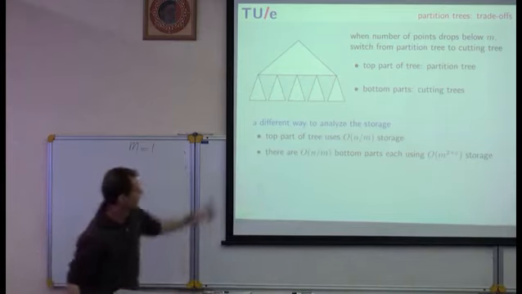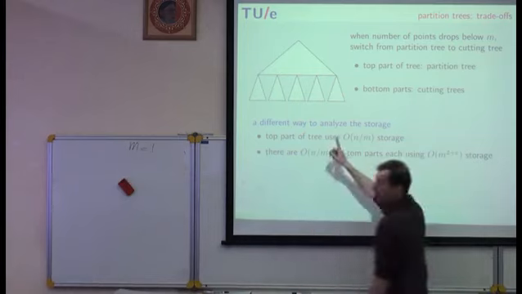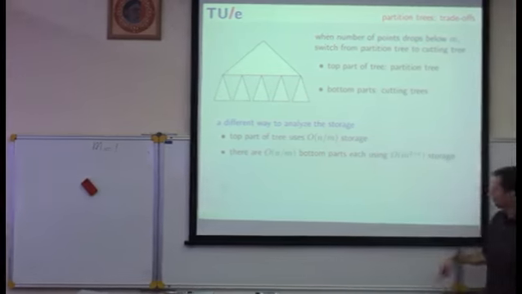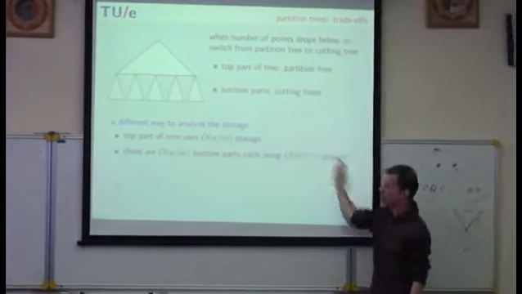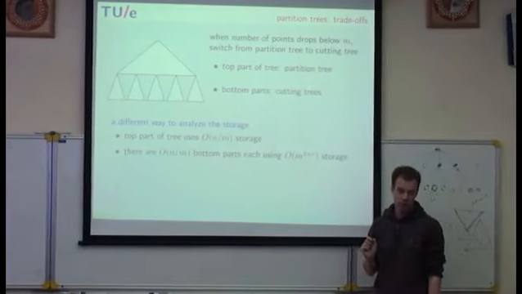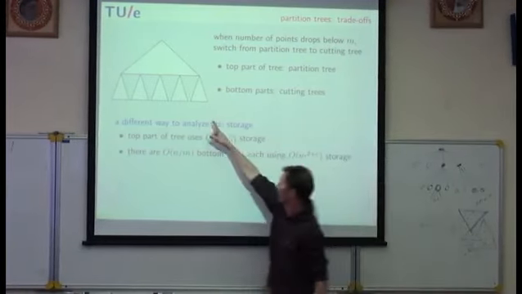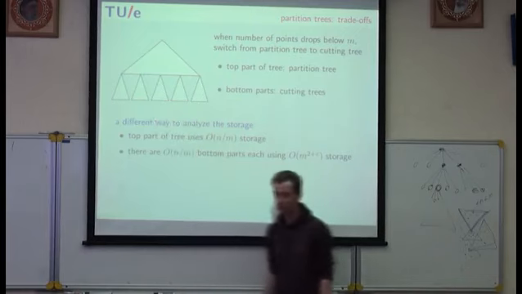Each of these cutting trees has m points at that point, so it's m to the power 2 plus epsilon storage for each of these things.